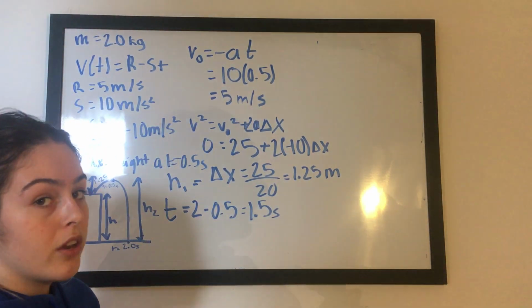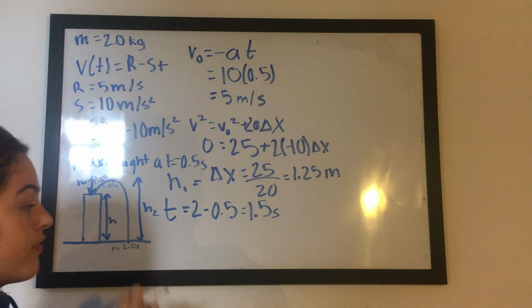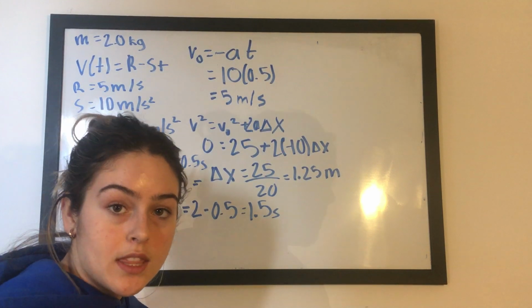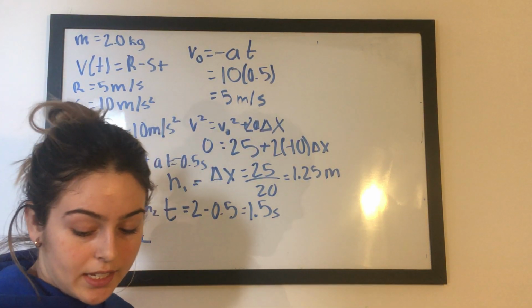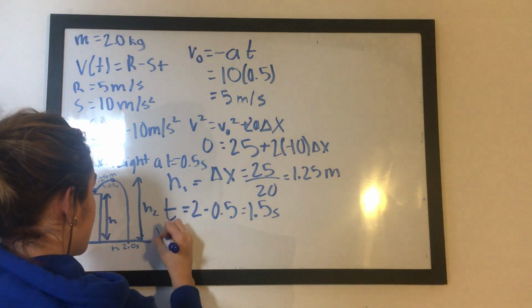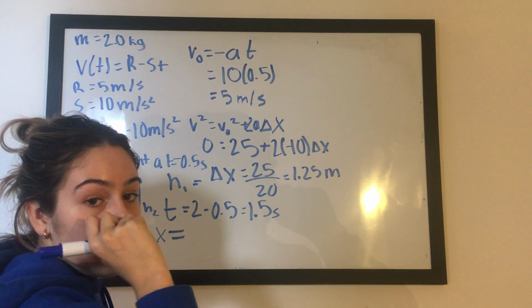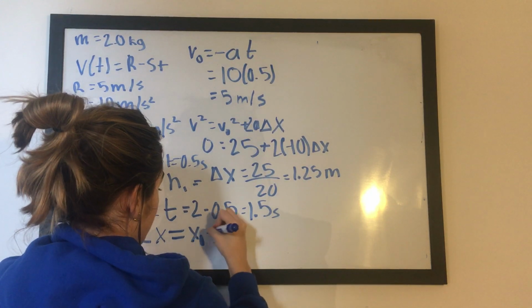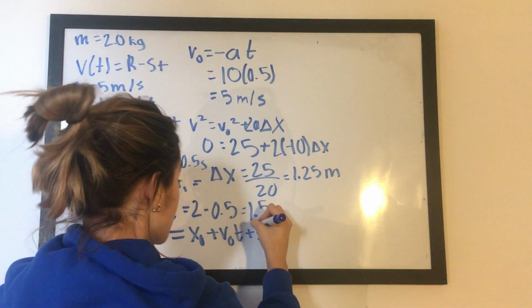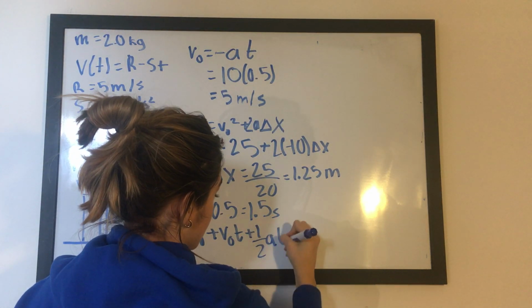So we're going to be looking at the period of time over this 1.5 second interval. Now we're going to use the position equation, which is x equals x initial plus velocity initial times time plus 1/2 acceleration times time squared.